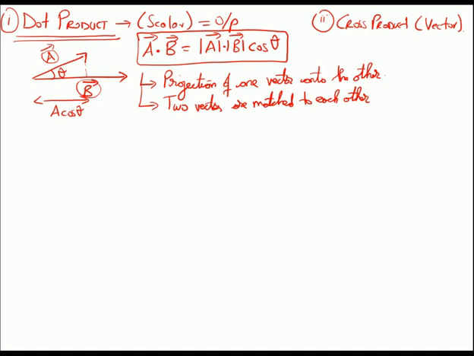Whenever we want to see how much is the effect of one vector onto the other, or how much similar these vectors are, we take the assistance of dot product, and mathematically the angle between them is calculated using the right hand rule.